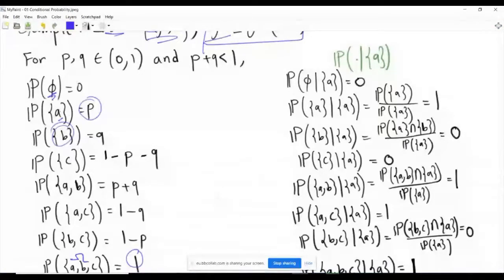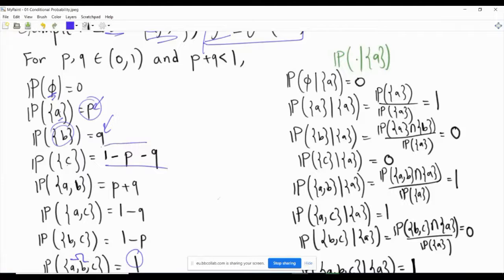And then we know that {A} union {B} union {C} will give us omega. So these three together, their union will give us the sample space, and so the sum of their probabilities should be equal to 1. And so if this is P, if this is Q, then the last one should be 1 minus P minus Q. We don't have any choice.